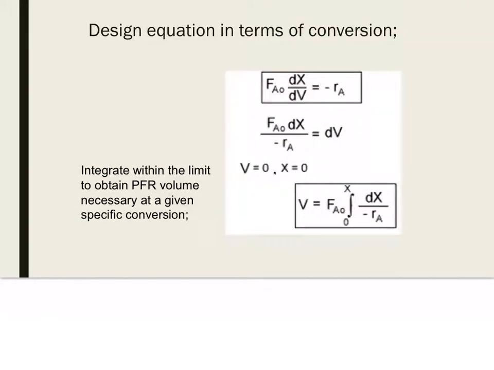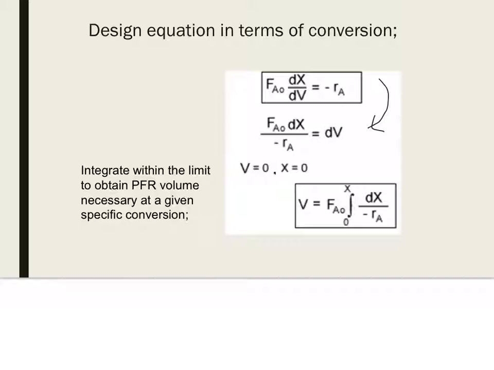So finally, we have this design equation of PFR in terms of conversion. We arrange the minus signs, so we have FA naught dx over dV equals minus RA. Okay, so we have FA naught dx over RA equals dV. As I said earlier, we are looking for the volume of the PFR.